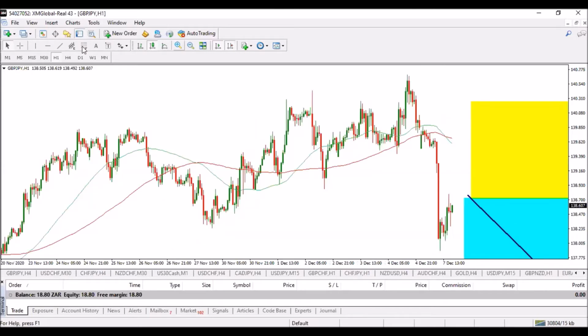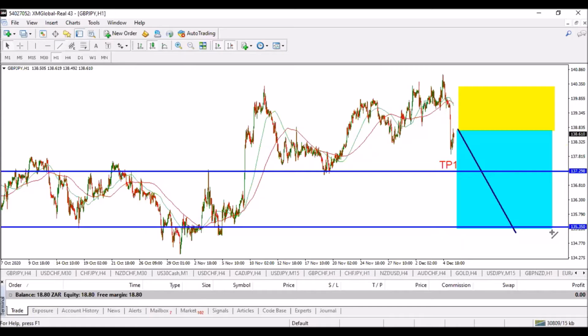What I think it could still do is go a little bit up to there, and then decide to go down, purely because it's on a structure level, so that's how the market moves.